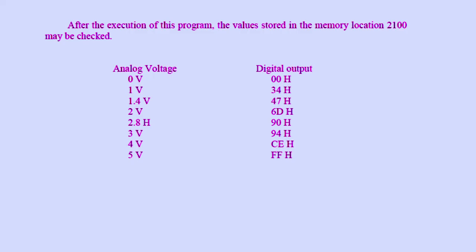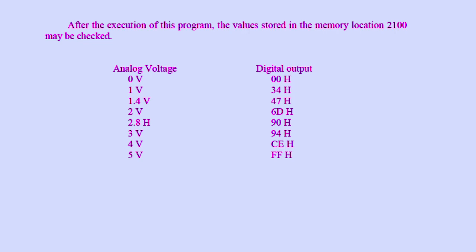Now whatever is in between, for example 1 volt, which is 1/5 of 5 volts, so 1/5 of this FF, that is nothing but 34H, will be displayed as digital out, and like that if it is 3 volts, 94H. So this is how the analog to digital converter works.